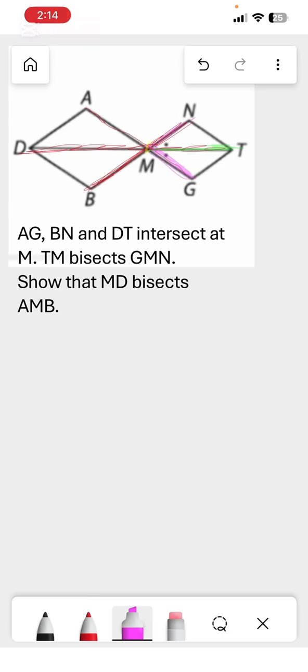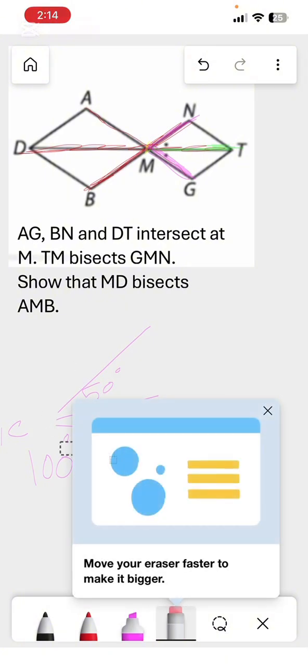When a line bisects an angle, the angle is cut into two congruent halves. If the angle was 100 degrees, each would get 50 degrees because it divides into two congruent halves.